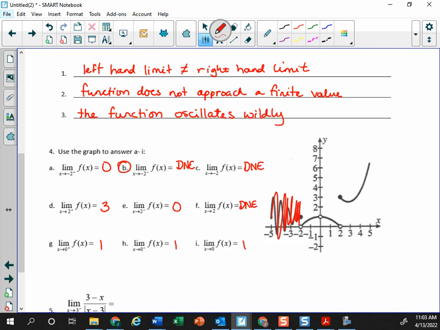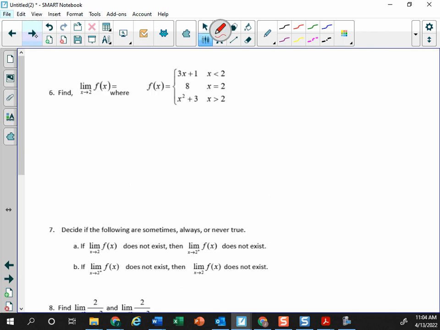All right. We're going to jump around just a little bit here. Okay, let's go to number 6. So we're going to skip 5. Go to this piecewise one here. So find the limit as x approaches 2, and then you're given this piecewise function.